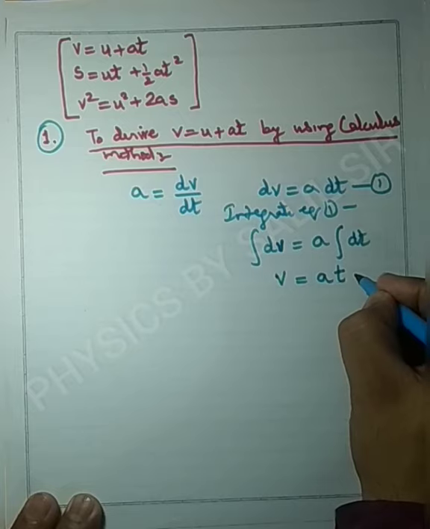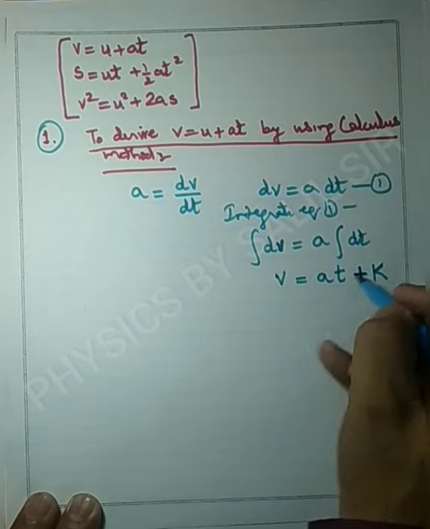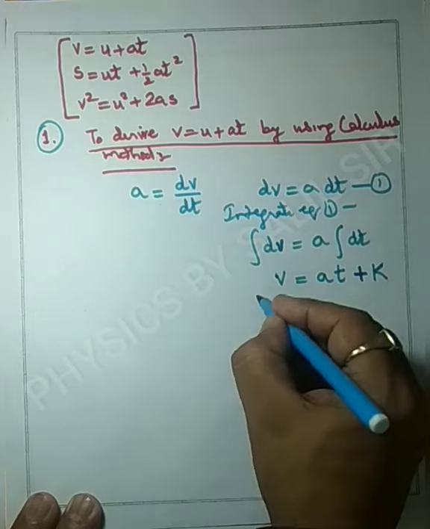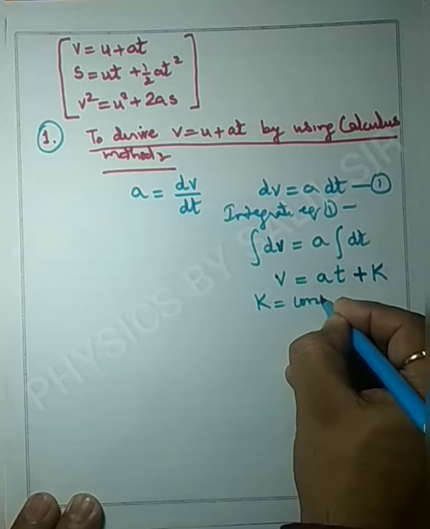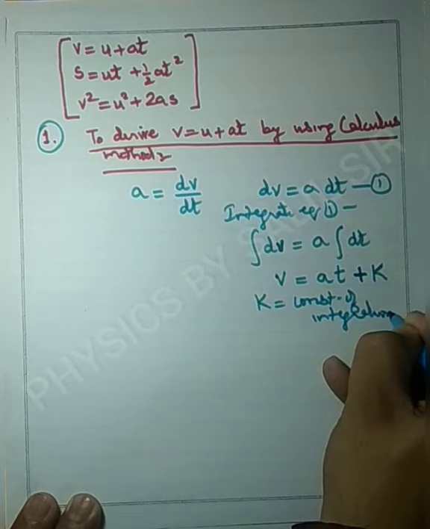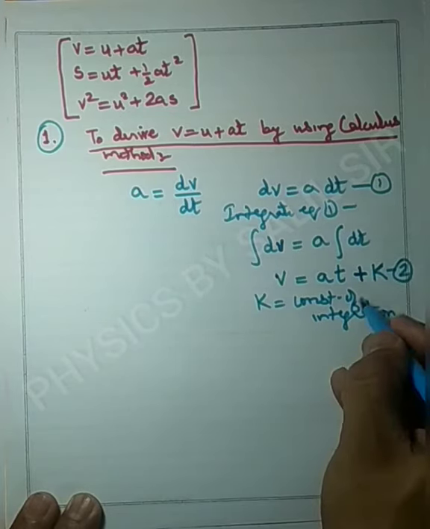But according to the rule of mathematics, a constant k comes with this, so we get v is equal to at plus k, where k is the constant of integration. Suppose this is equation number 2, v is equal to at plus k.